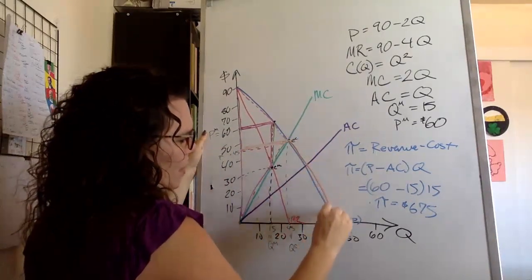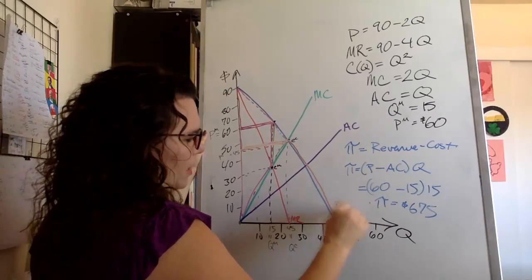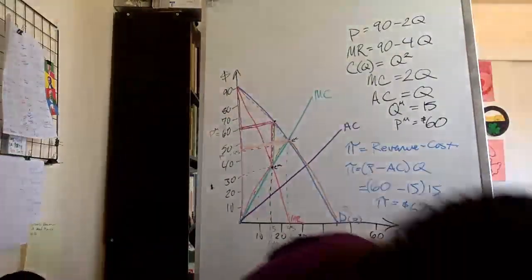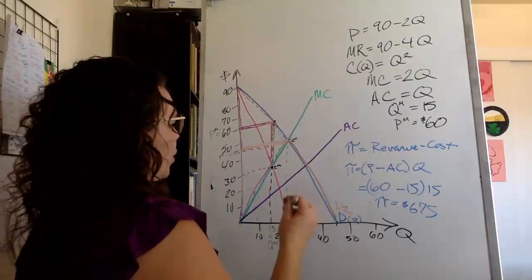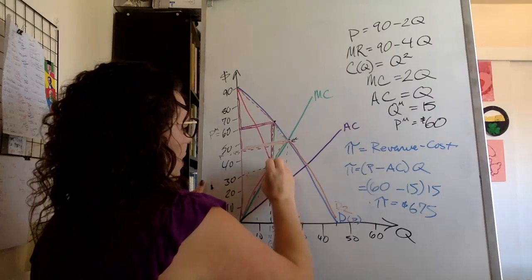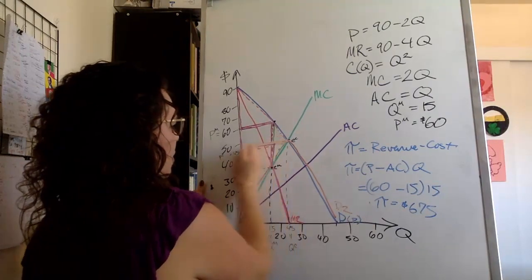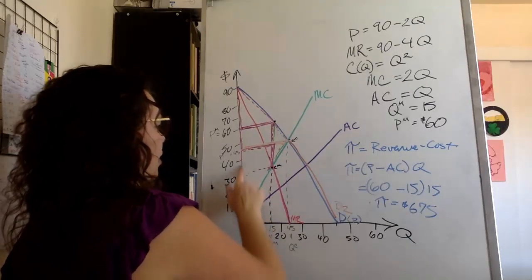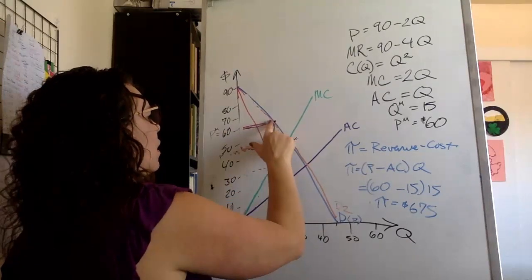And so we see the demand curve change to this level. And we see the marginal revenue curve would now look like this. And so that's one way that the market would change if it was regulated.